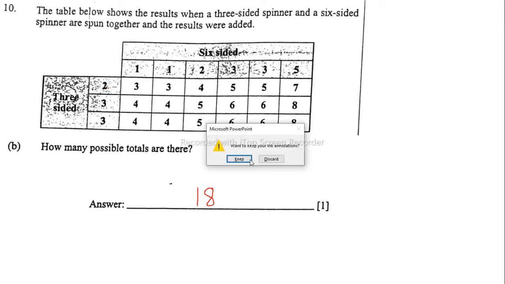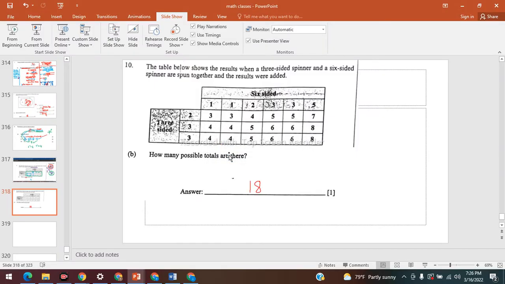Next up, I don't know if anyone can remember, but what we just basically did was the sample space. We determined the total sample space. I don't know if y'all can remember that term from when we started off with probability.